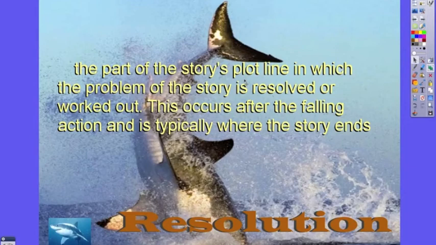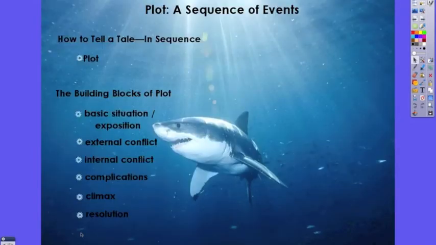So here we have the last part of plot, the resolution. Going back, recap. Basic building blocks of plot: basic situation, conflict, whether that's external conflict, internal conflict, complications. We have a climax, we have a resolution, and in between climax and resolution, we have falling action.